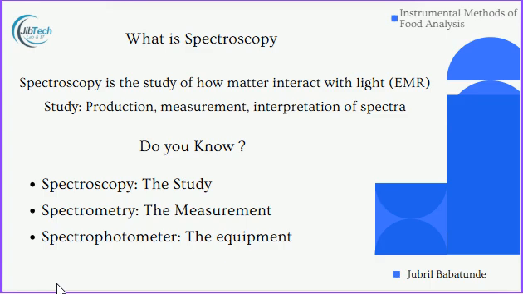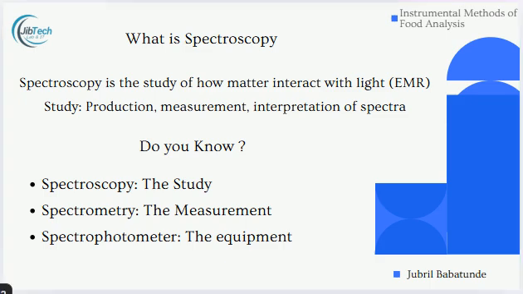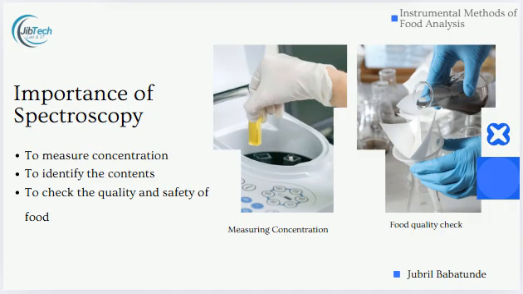You can think of it as the hardware, as a device. So when you hear UV visible spectrophotometer, you know they're talking about the equipment. So spectrophotometer is just the equipment. These are what these three terms actually mean.